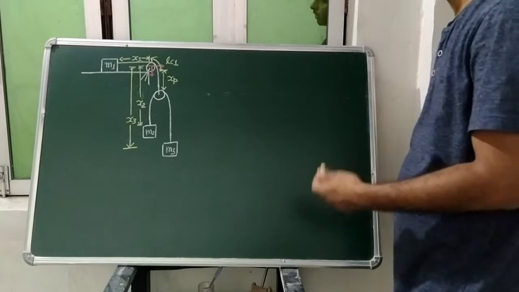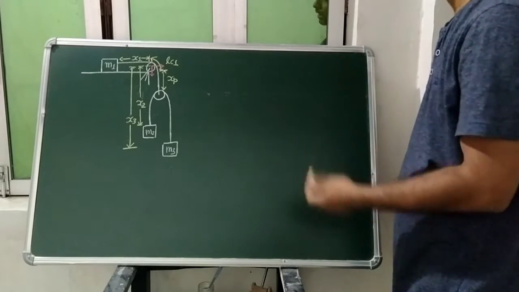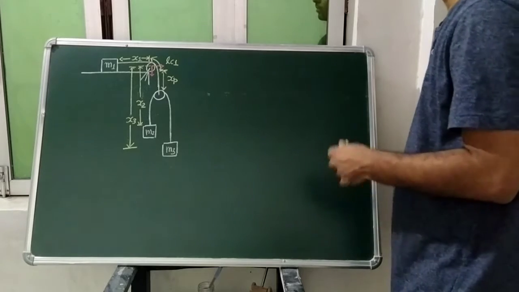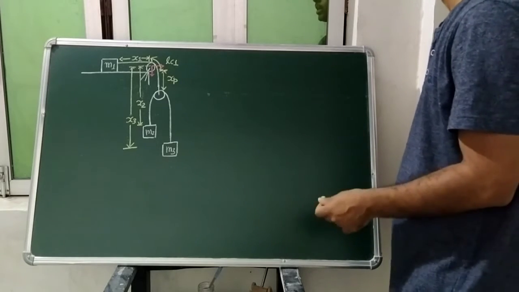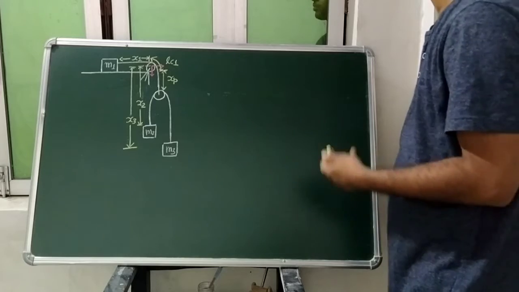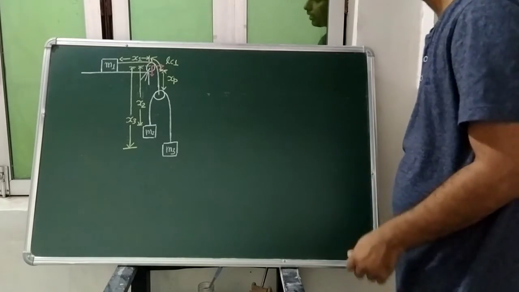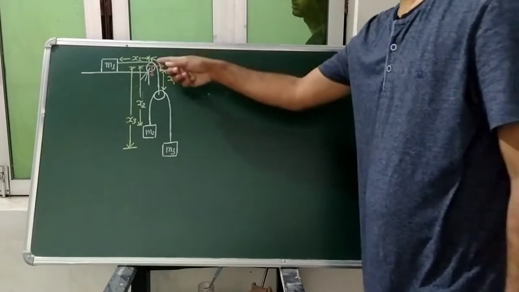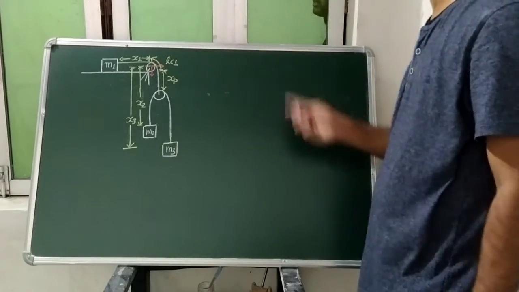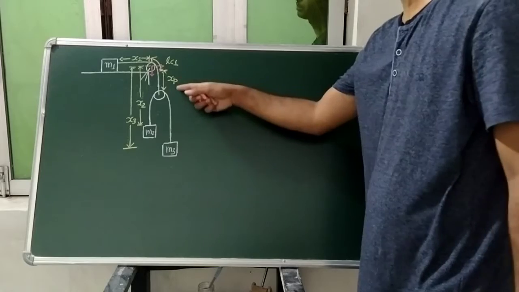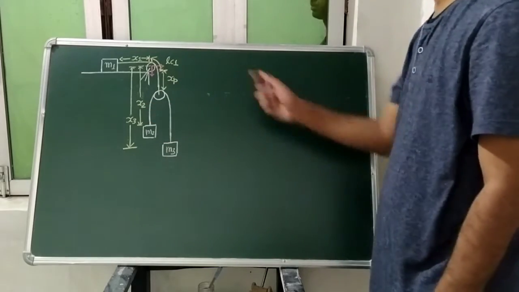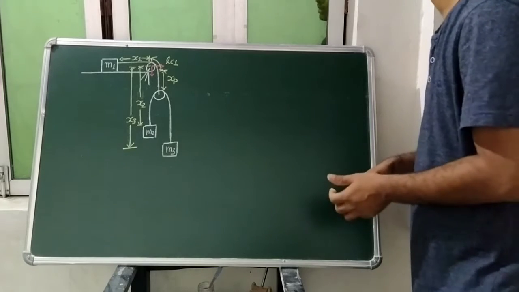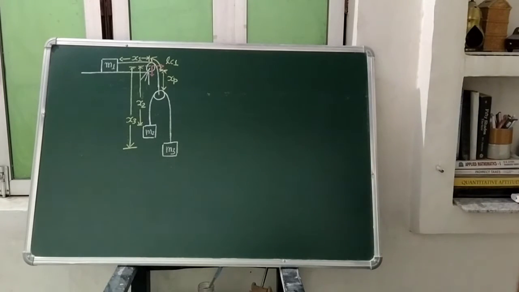Our first step should be to select the coordinate system, always from the fixed point, and from that fixed point we shall write down the lengths of the strings. We have assumed the lengths x1, LC1, xp, x2, x3 of the strings. Okay, so it should be our first steps, right?